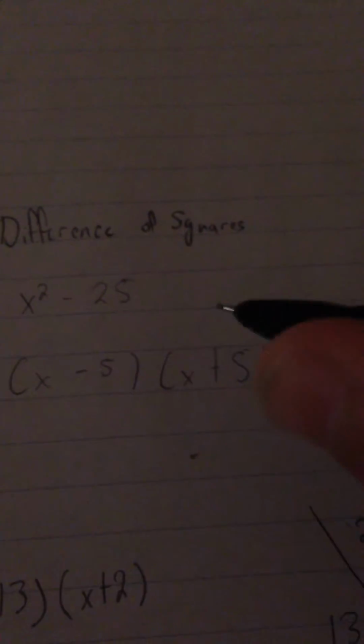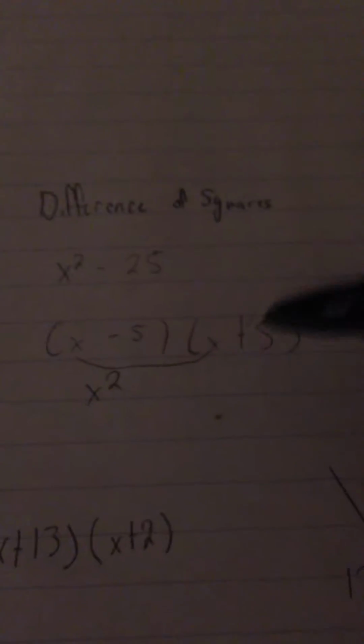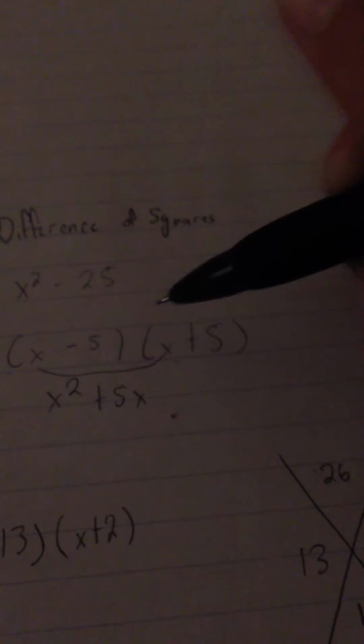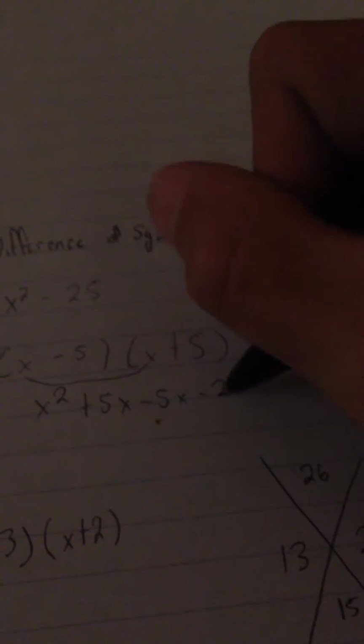So I'm gonna check this, and so multiply these two together, get x squared, and then multiply the x and the 5 and get positive 5x, and then multiply negative 5 times x, get negative 5x, and then multiply 5 and negative 5 and you get negative 25.